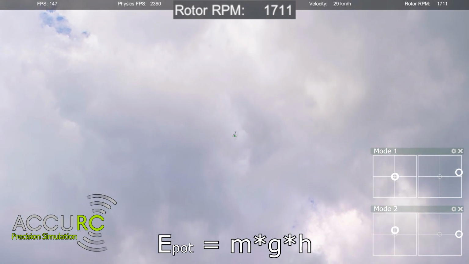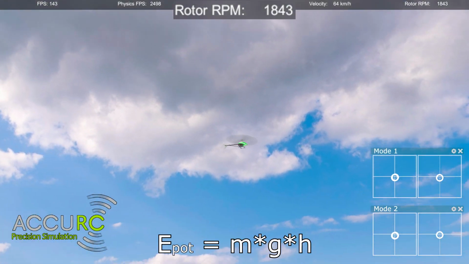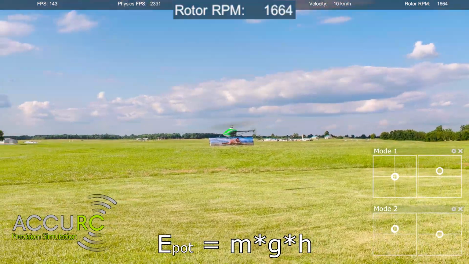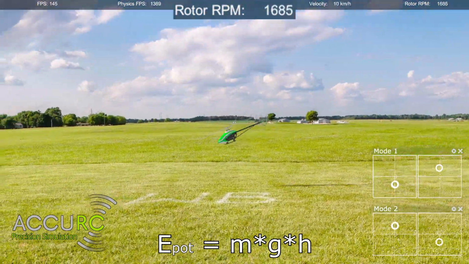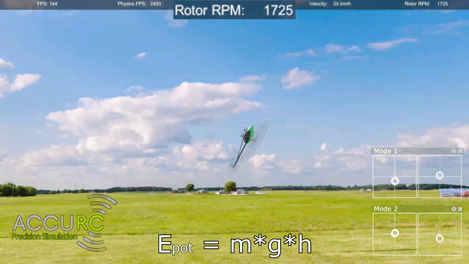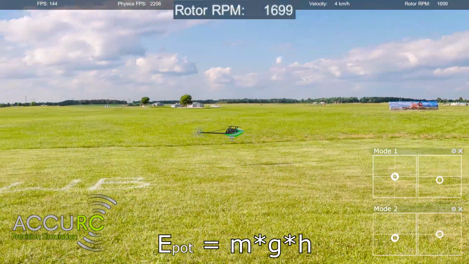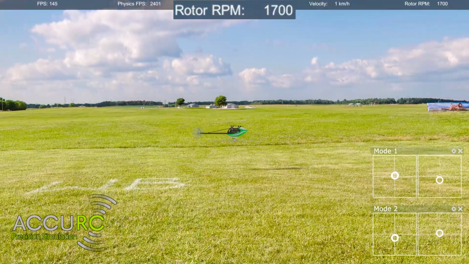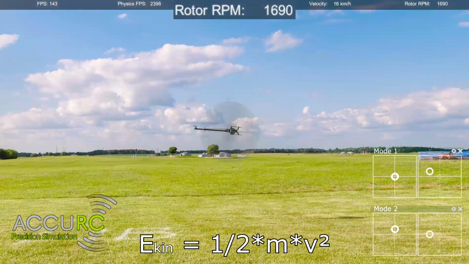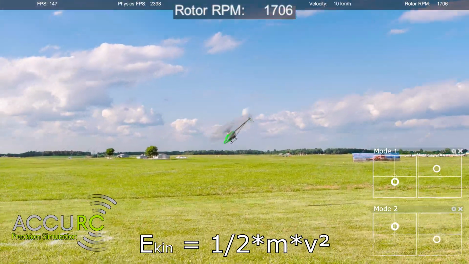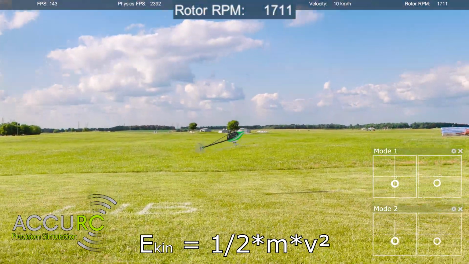Now you may be asking, nothing is really changing about my helicopter if I go higher, but how we can visualize this energy is by converting it to, for example, linear kinetic energy. Linear kinetic energy is described by a half times mass times velocity squared.